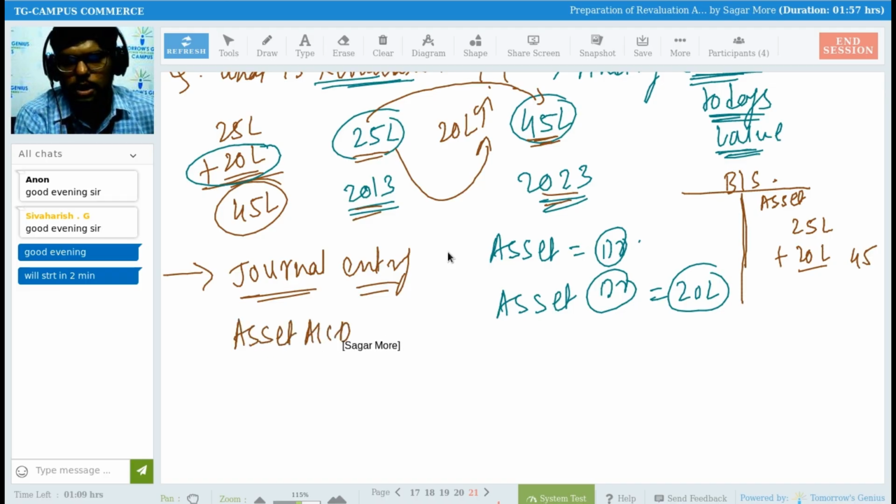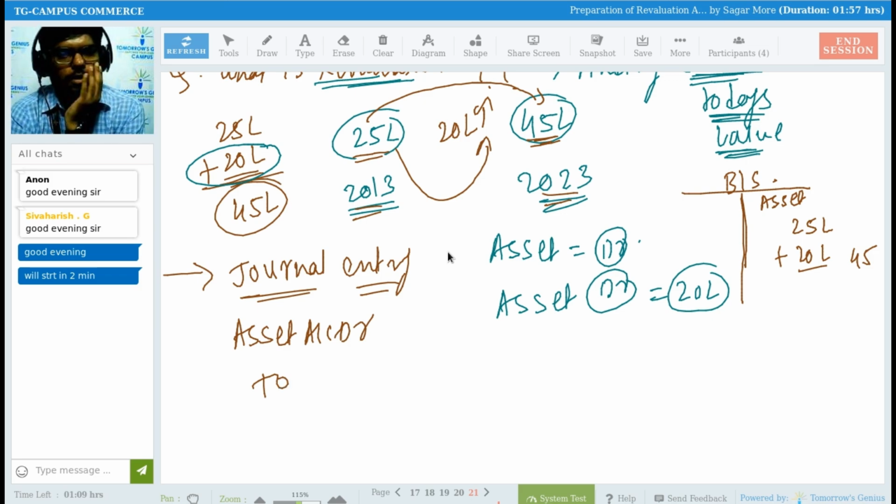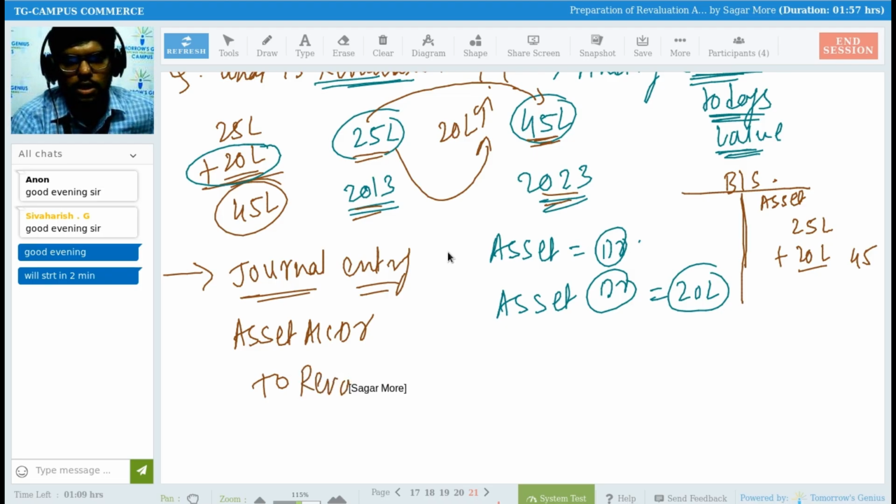Asset account debit. So which account to credit? Which account do I need to credit? We are discussing here what? Revaluation. So which account to credit? So the revaluation account we have to credit.